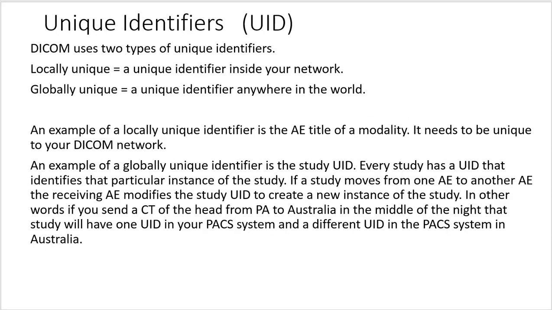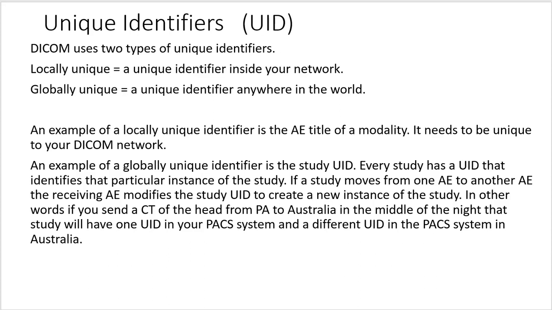Unique identifiers, or UIDs. DICOM uses 2 types of unique identifiers. Locally unique is a unique identifier inside your network. Globally unique is a unique identifier anywhere in the world. An example of a locally unique identifier is the AE title of a modality. It needs to be unique inside your DICOM network.